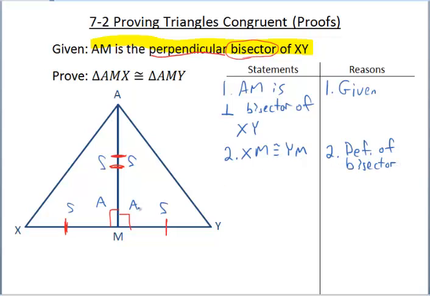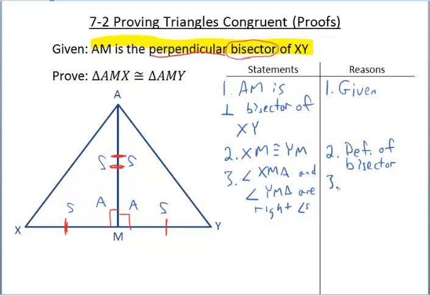A bisector cuts something in half, so if that's cut in half, then I know that each segment is congruent to each other. Okay? Number 3, the next thing I know, is that these two angles are right angles. Okay? Since they're perpendicular, I can say that. So I can say that angle XMA and angle YMA are right angles.